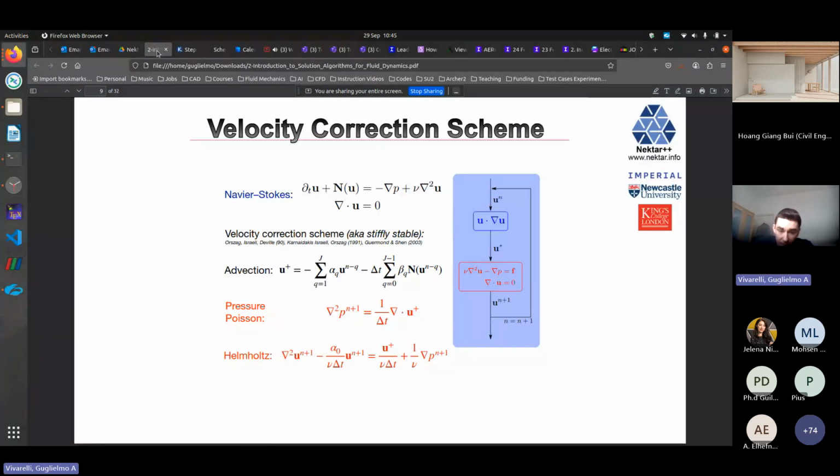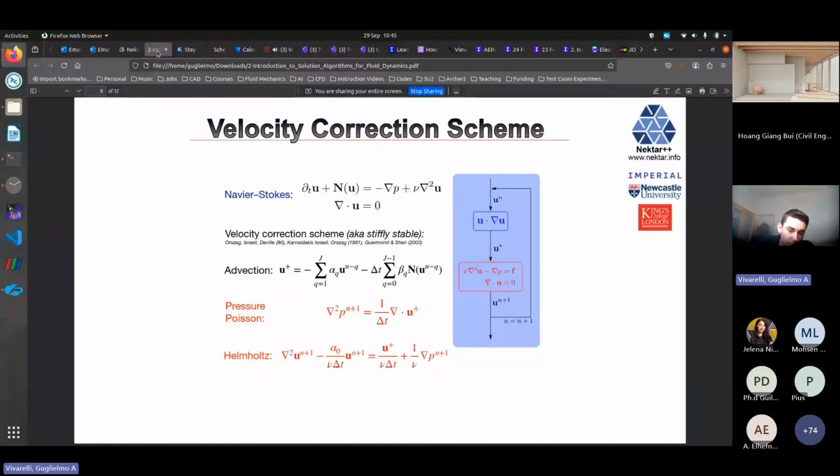So you have this intermediate u plus there, which is just a combination of the current state of the velocity and the nonlinear terms determined by the previous velocity states. You then have a Poisson equation and a Helmholtz problem at the end.